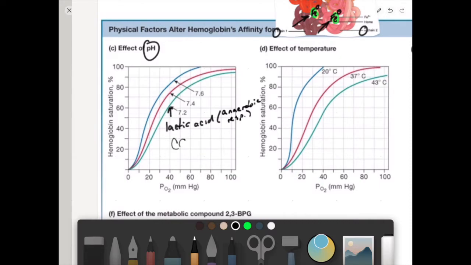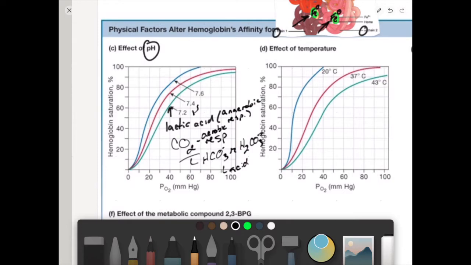Or carbon dioxide, which is just respiration in general. Right? So, or aerobic respiration, I should just say. So you're making this carbon dioxide, it gets turned into HCO3 or H2CO3, which make the blood much more acidic, about 0.2 of a point.